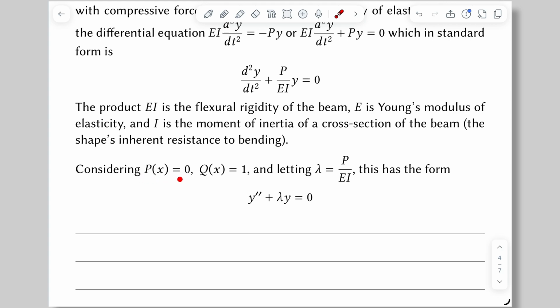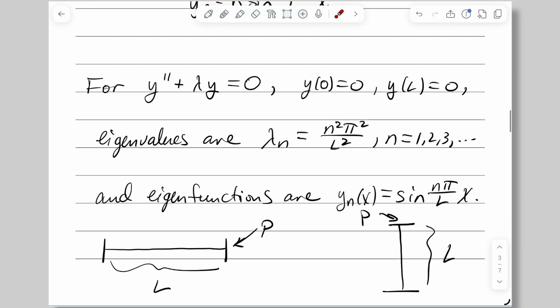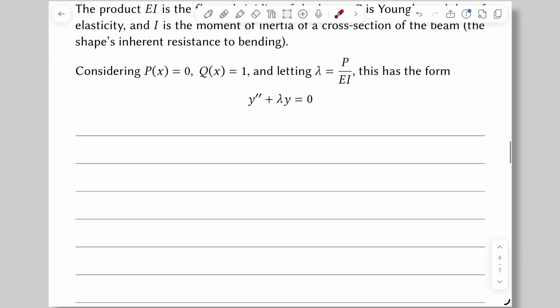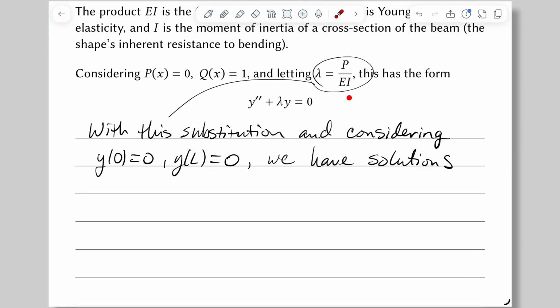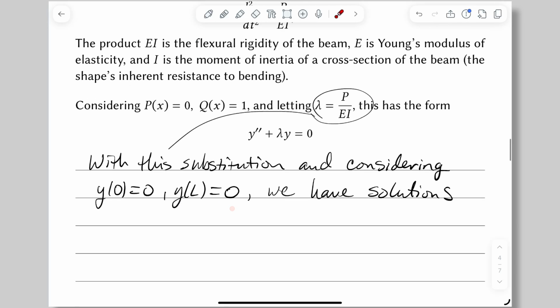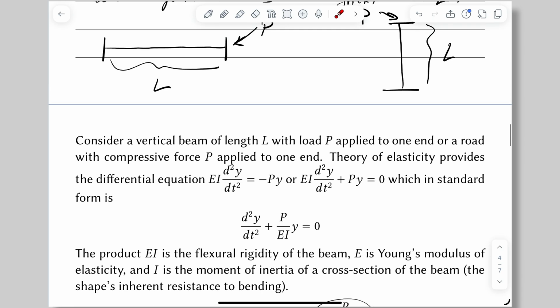Considering P of x equals 0 and Q of x equals 1, and letting lambda equal P over EI, this has the form y double prime plus lambda y equals 0, the same equation that we've been analyzing in this set of videos. So using that substitution, lambda equals P over EI, and considering boundary conditions y of 0 equals 0 and y of L equals 0, now I'm going to pause for a moment to go back to our little drawing here.